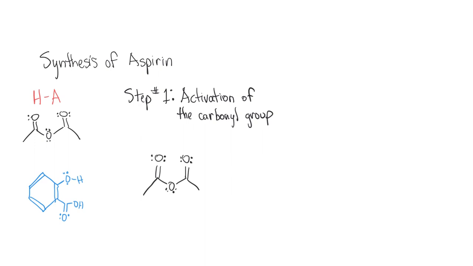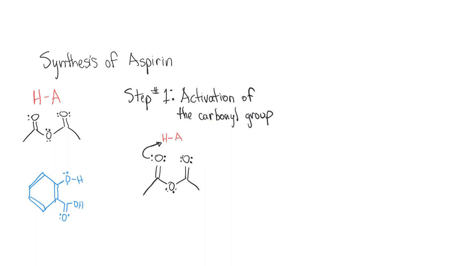So the first thing that happens is the acid is going to act as a catalyst in this reaction. And if I put my acid over here, what happens is this lone pair is going to come over here. It doesn't matter which lone pair it is or which oxygen.